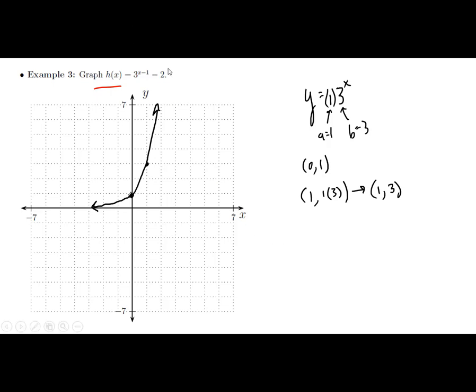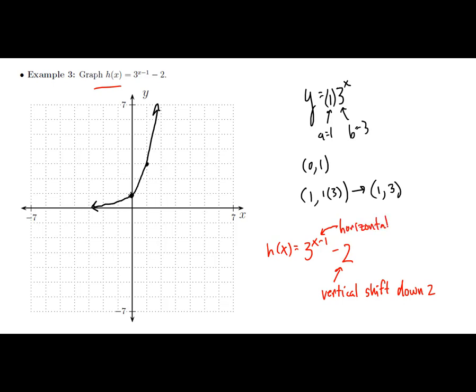Okay, well, I'll rewrite it down here so I have a little more room. I have some subtraction going on with the x, and then I have some subtraction going on out here. So like in the last example, we realized this was a vertical shift. A vertical shift down 2. And then here, because it's happening to the x, it's also a shift, but it's a horizontal shift.